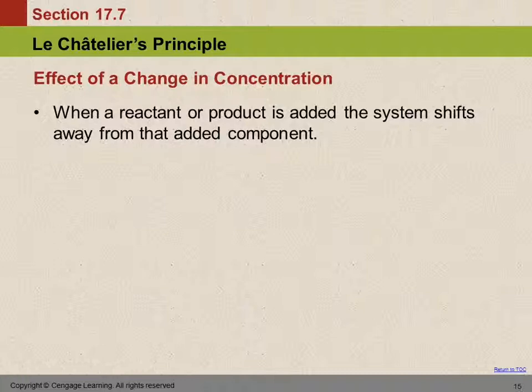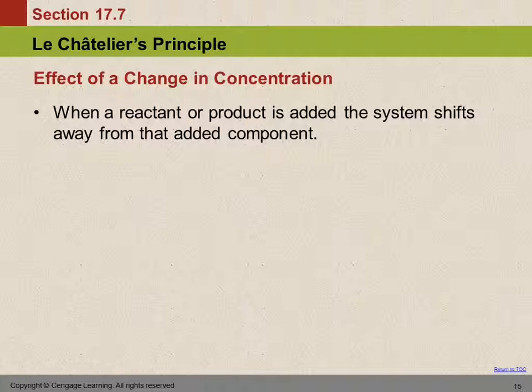So what happens if you add a reactant or add a product to that system? The system is going to shift away from that. Another way to think of it is that the equilibrium fights back. Whatever you do to it, it's going to try to undo. It's like a person who just likes things the way they are, and you try to upset things, and they say, no, we're going to make it the way it was.